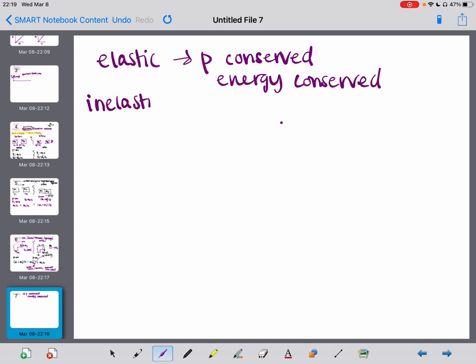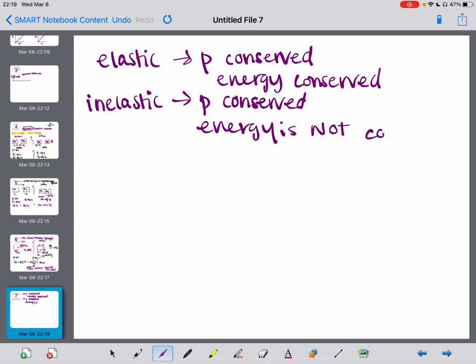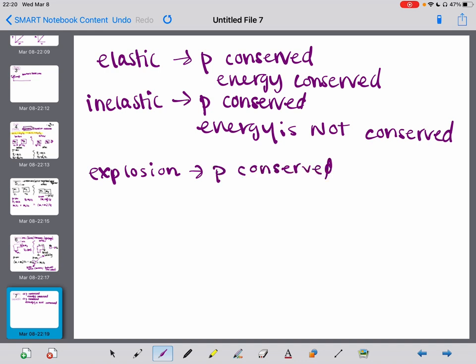Inelastic: P is conserved, but energy is not conserved because you're going to lose it. You're going to lose kinetic energy because it's going to convert into other forms of energy. And then your explosion, same thing. Momentum will be conserved, but energy is not conserved.